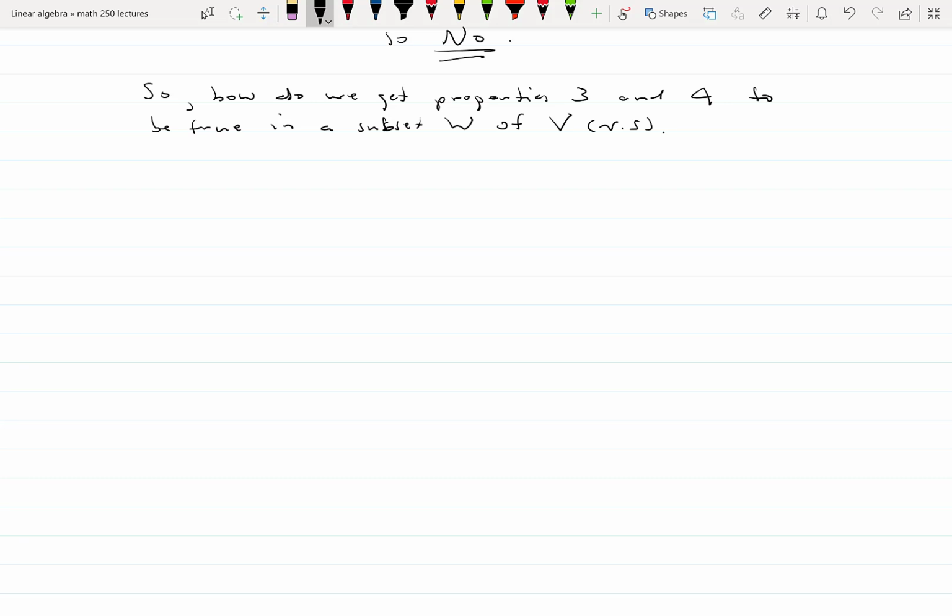Remember, those are the problem properties. They don't hold everywhere in V. So we may be forming a subset of V that doesn't have the zero vector and doesn't have opposites in it. Okay. And the answer is, if W is closed under addition and scalar multiplication, then 3 and 4 automatically hold. Okay, we're going to prove that.